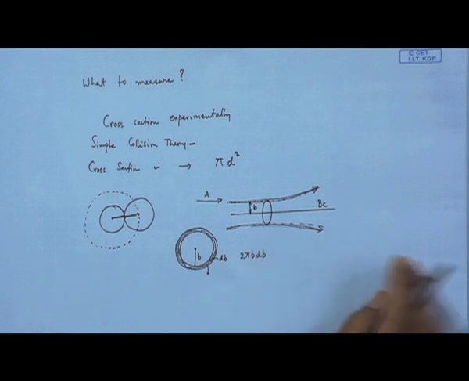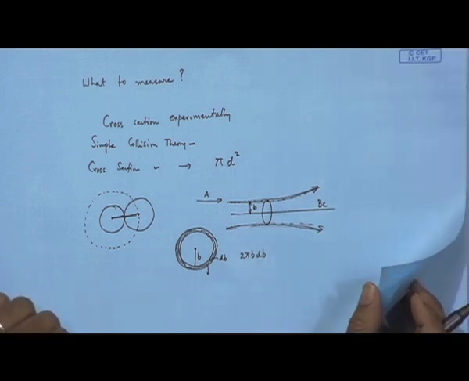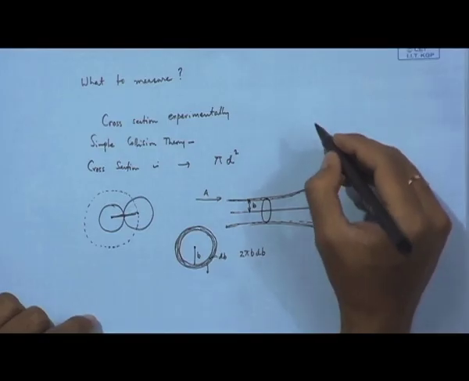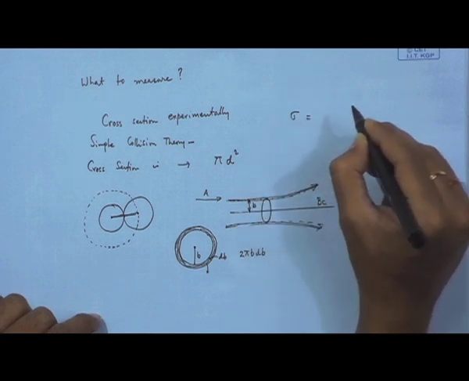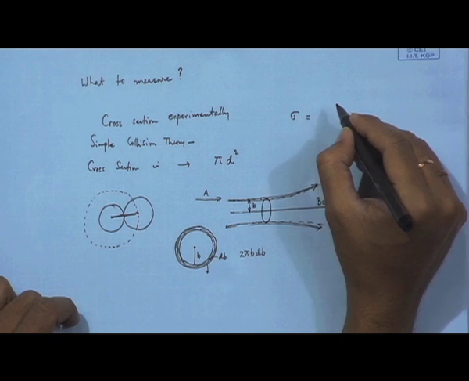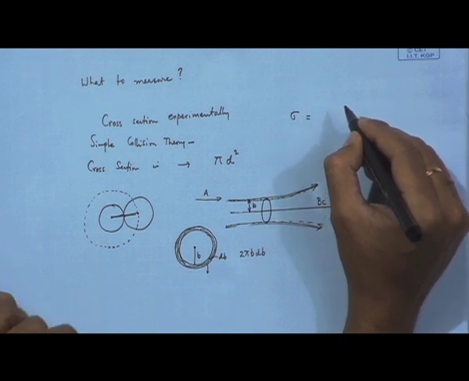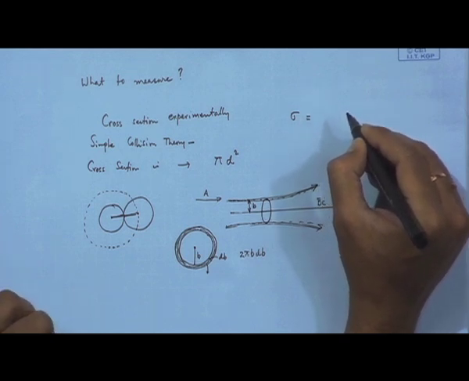Now, in classical physics, the cross section is defined in this fashion, that sigma is the cross section, which is nothing but equal to a function which represents the reaction probability.